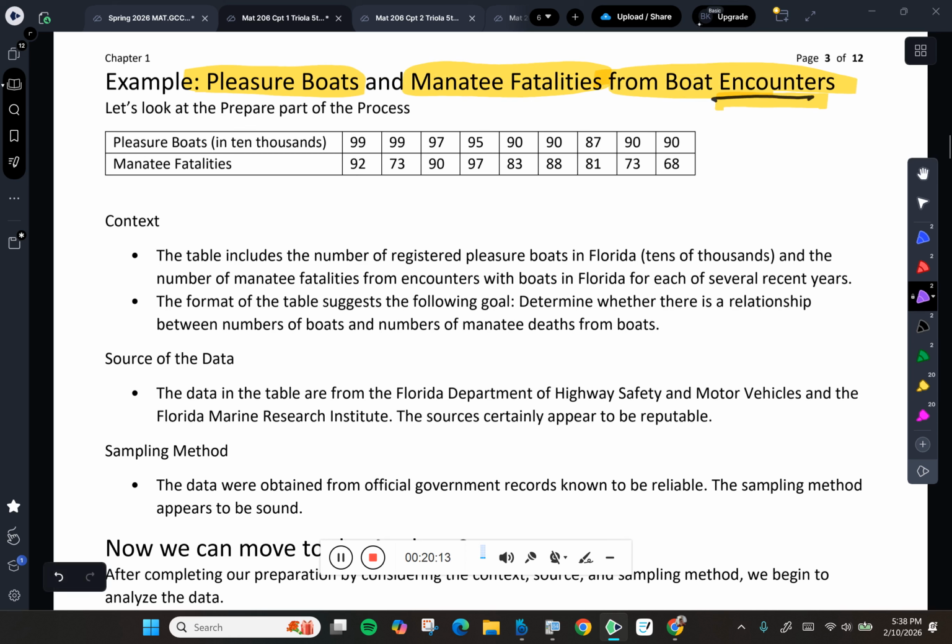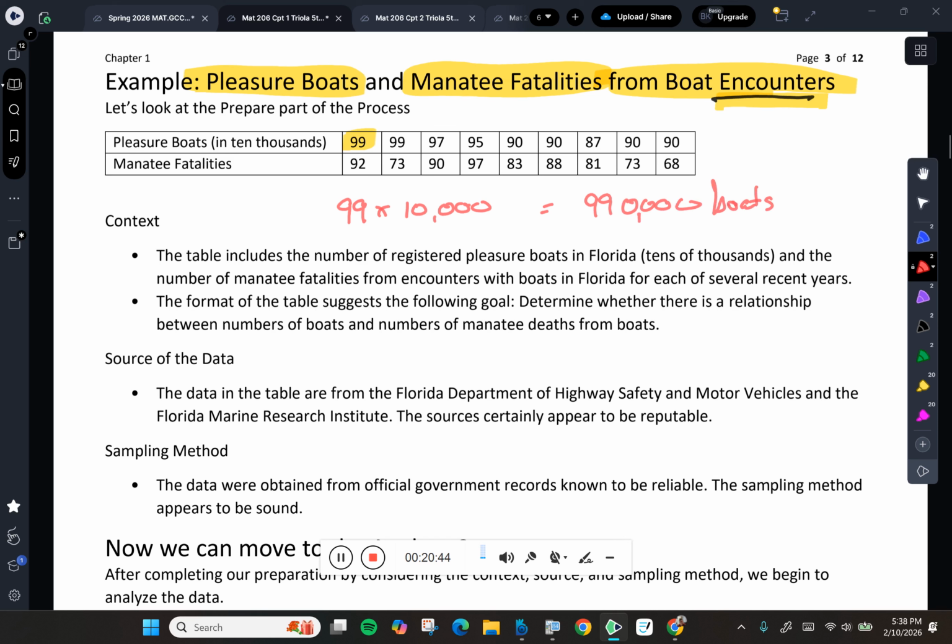All right, so here we got some data. Someone collected this data. I've got one row here that measures the number of boats in tens of thousands, so that 99 right here in that first cell isn't 99 boats, it's 99 10,000s. What the heck does that mean? Well, that would mean 99 times 10,000, or 99 with 1, 2, 3, 4 zeros after it, 990,000 boats, right?